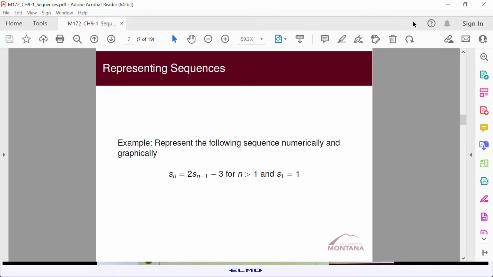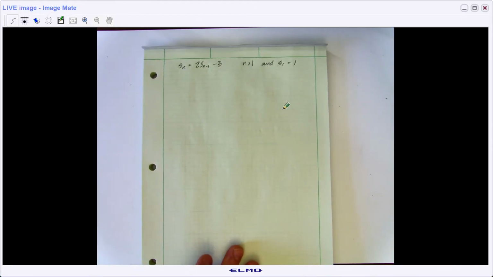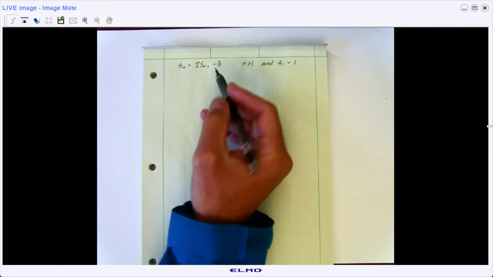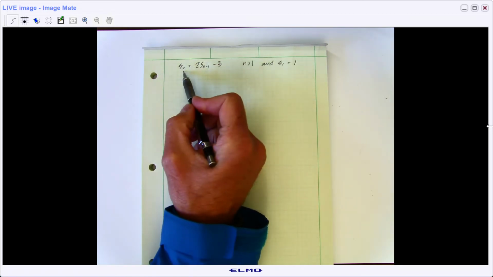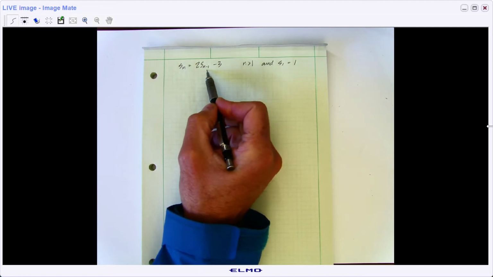All right, so I have it copied down. There it is. So this one is an example of a function that's been defined recursively, and your text goes into this a little bit, and there's a few examples there. But what does it mean to be defined recursively? It's just defining the next number in the sequence based off of the previous number in the sequence.